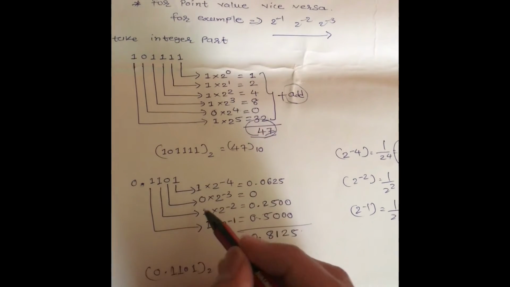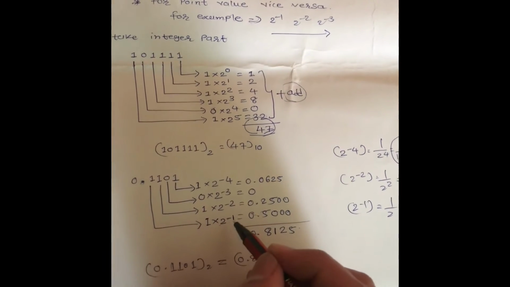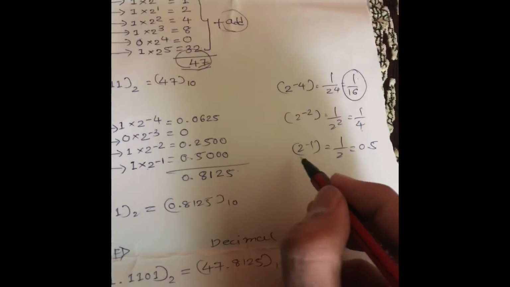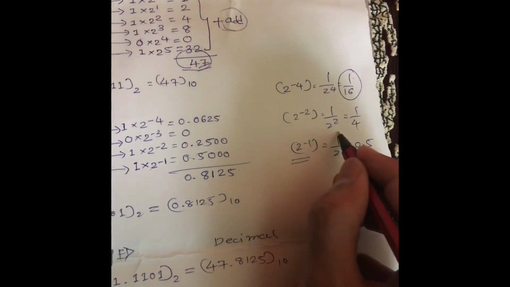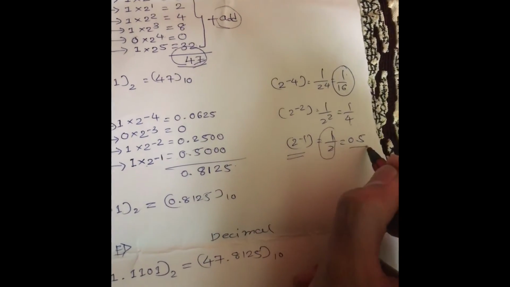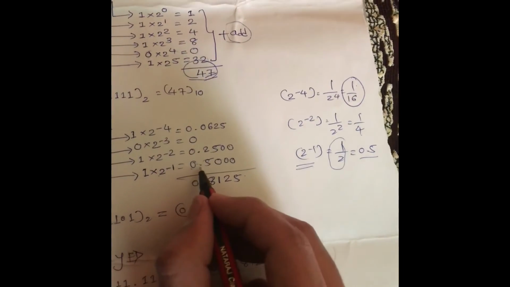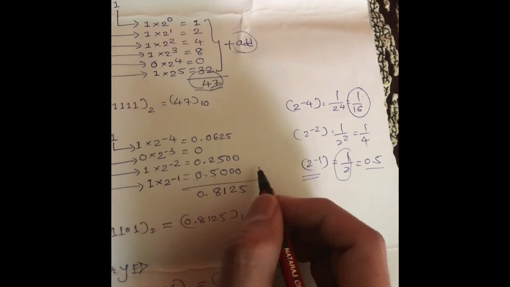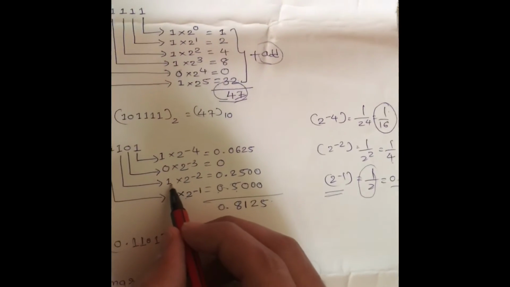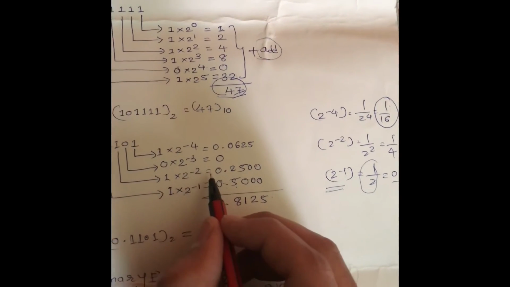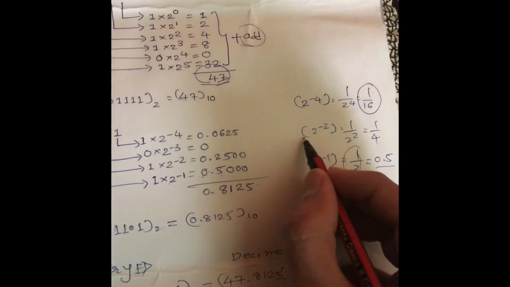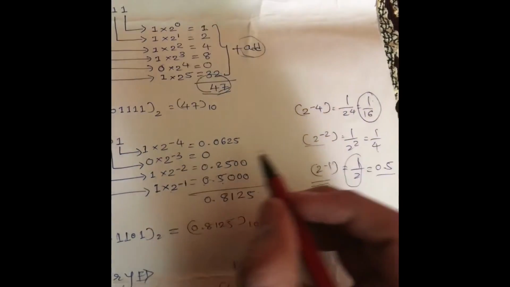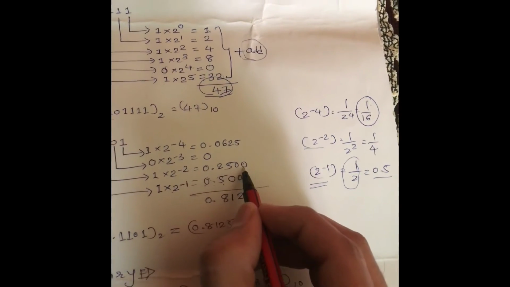Now solve this. 1 into 2 raised to minus 1, we can also write as 1 by 2, that is 0.5, so we write 0.5000. Now 2 raised to minus 2 into 1, we can also write as 1 upon 2 raised to 2, that is 1 upon 4, equal to 0.2500.